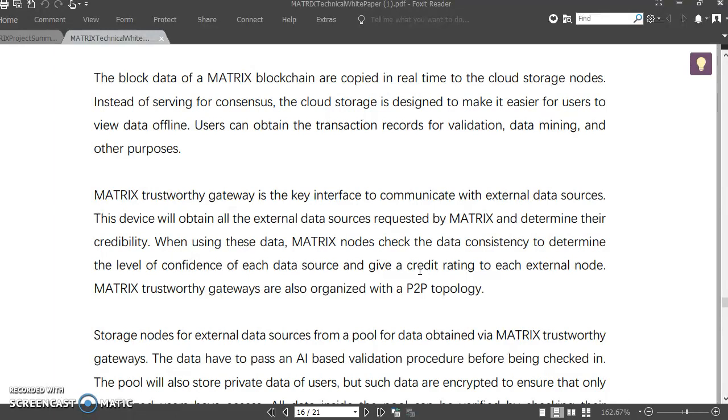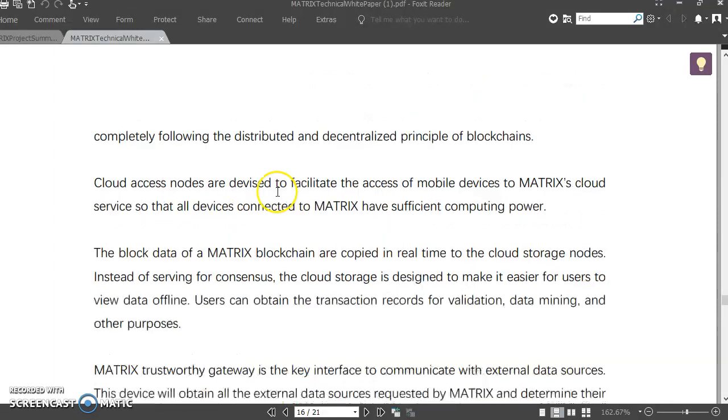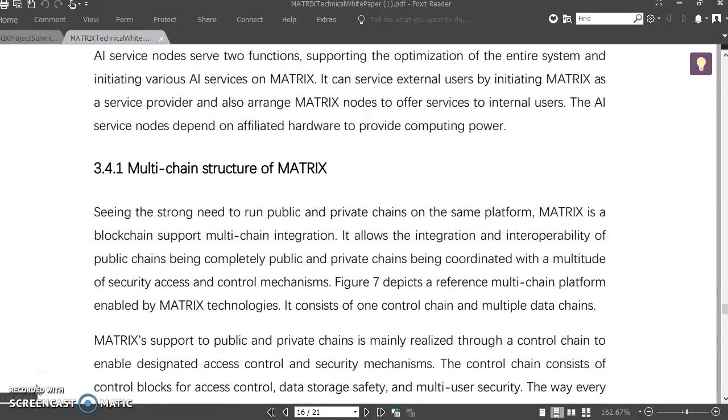So one of the things about this system again is the multi-chain structure of Matrix. Matrix is a system that is designed to support private and public chains.